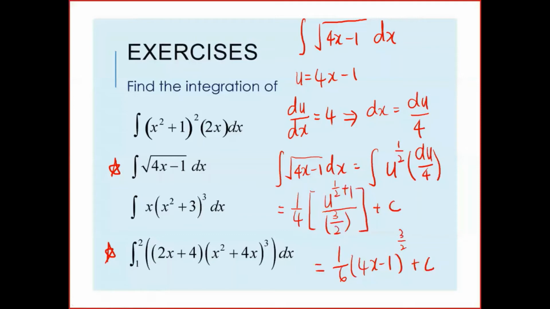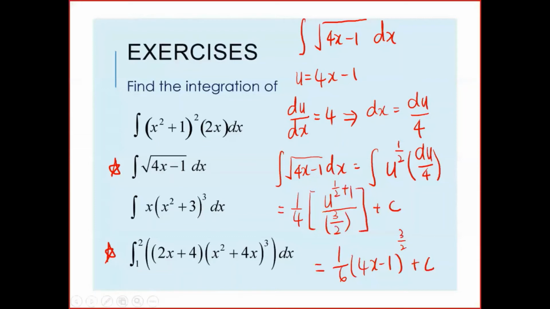What is the reason we differentiate? Because we want to replace the dx with du. So we rearrange this one, dx bring up, we have 4 dx, and then 4 bring down. So now the dx is du over 4. After that, replace this one with u, and replace the dx with du over 4.